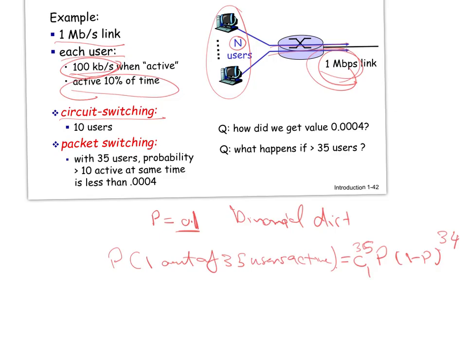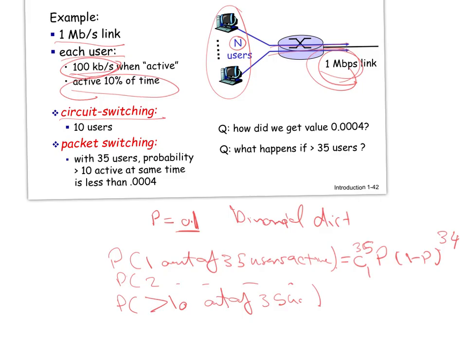So if I calculate the probability of 2 out of 35, it is the same thing: 35 C 2, probability P to the power 2 and 1 minus P to the power 22, and so on. Okay? Now, what is the probability that I have more than 10 users out of 35 users active?